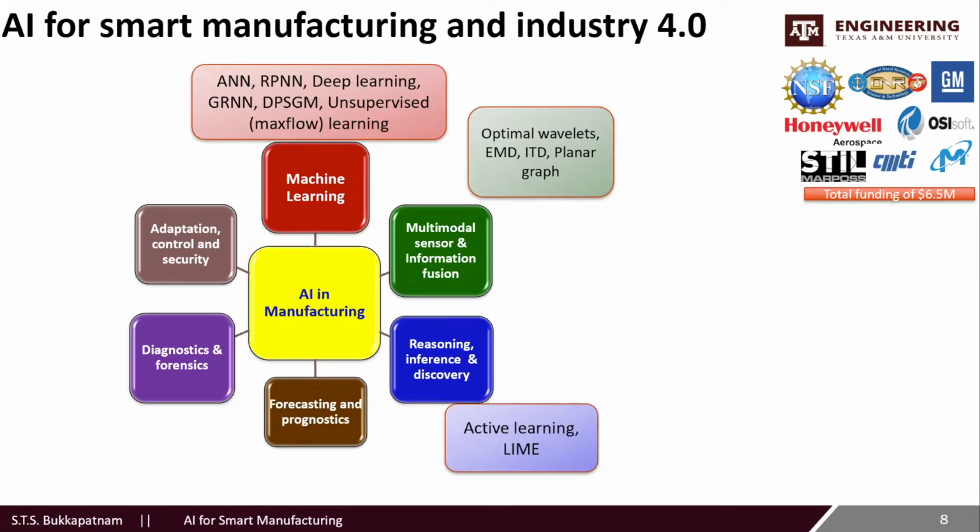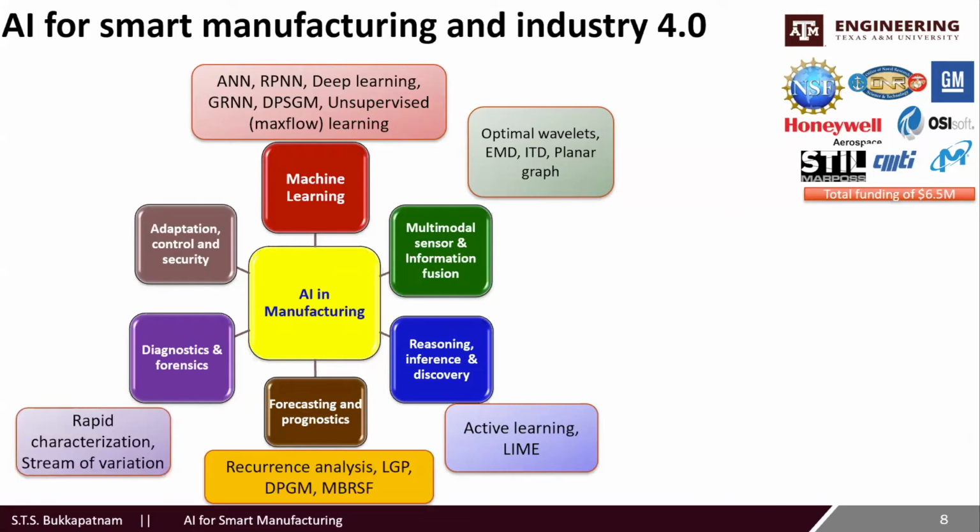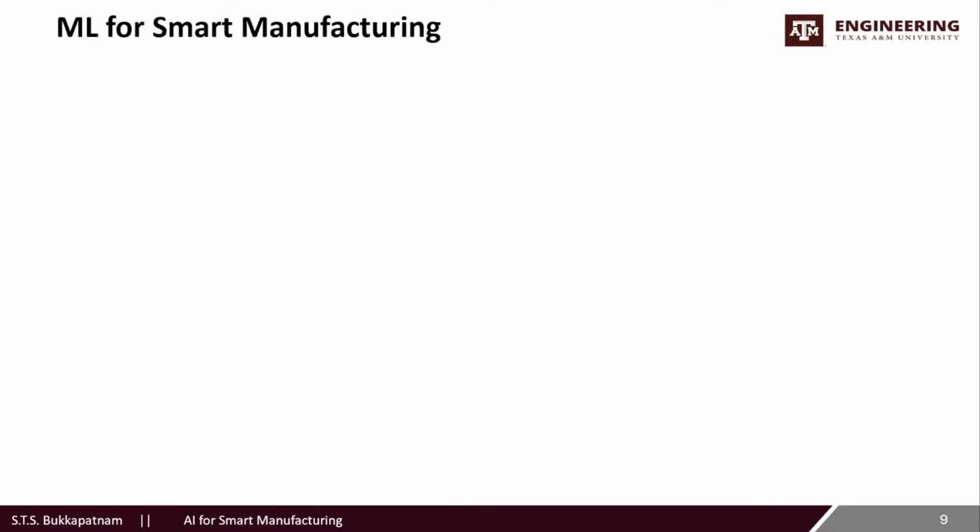And beyond representation is discovery, forecasting, prognosis, diagnosis, control, and so on. Everything comes into the big picture of building an AI suite for manufacturing. And also another thing that I wish to share here is it's not sufficient to take the out of the box methods and apply them to manufacturing and hope that they will work well.